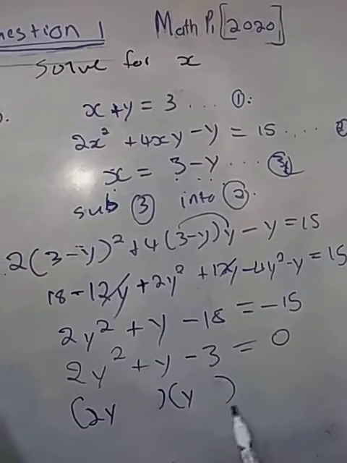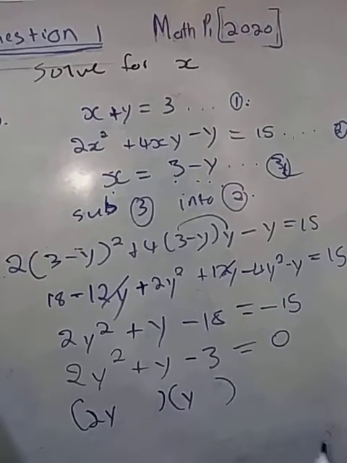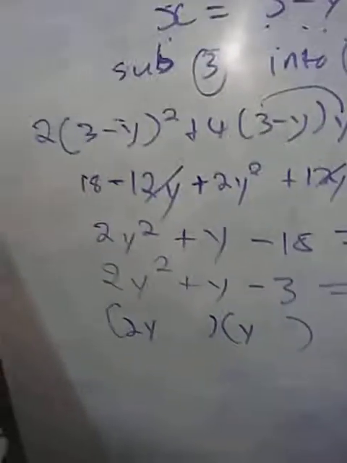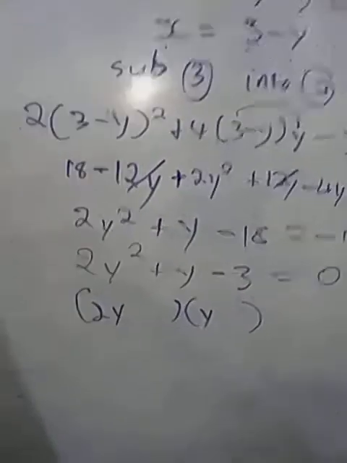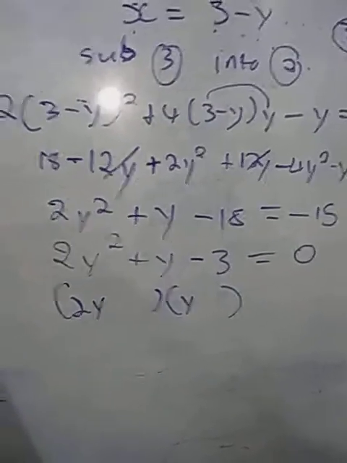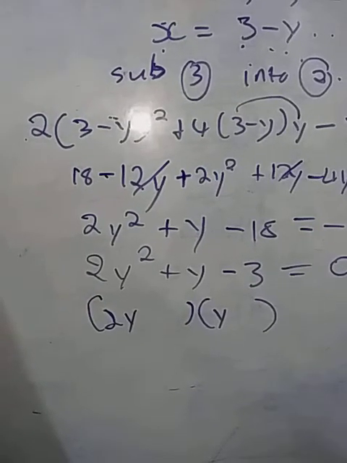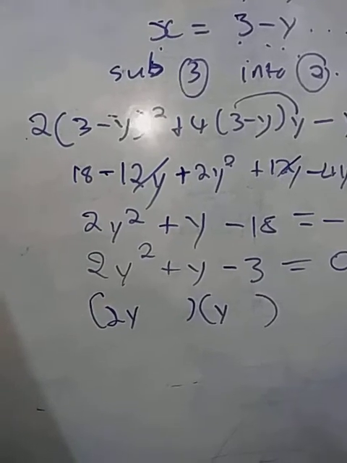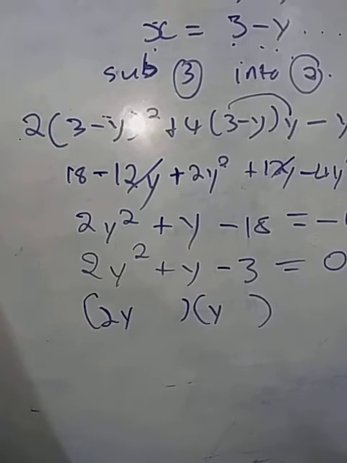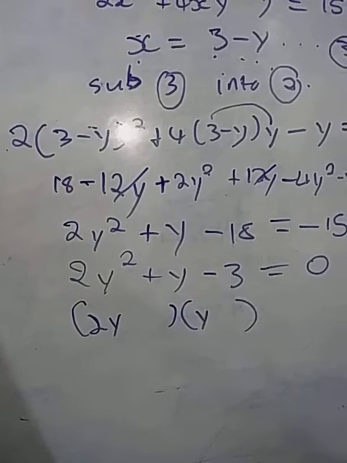Because the factors of 3 are 3 and 1 only, and 3 plus 1 is 4, and 3 minus 1 is 2. But then I realized that I have 2y on the other bracket, and if I say 2y minus y, it's going to give me y.